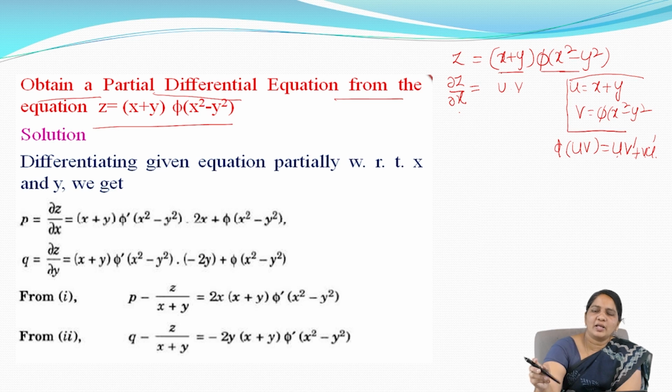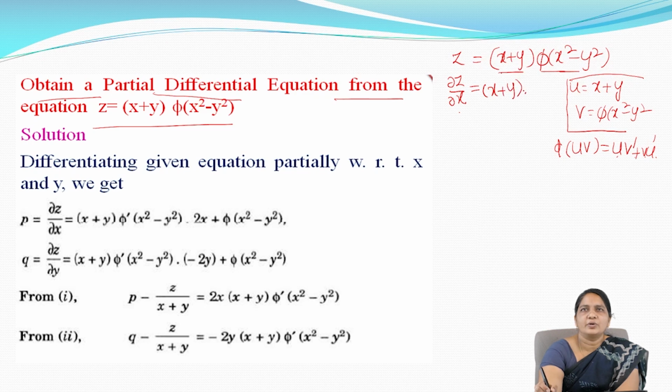So I am writing first u, that is x plus y, into v dash, that means the derivative of v. Phi derivative is phi dash of x square minus y square, into, for the inner part also we have to do the differentiation. With respect to x, x square derivative is 2x, and y is treated as constant, that is 0.